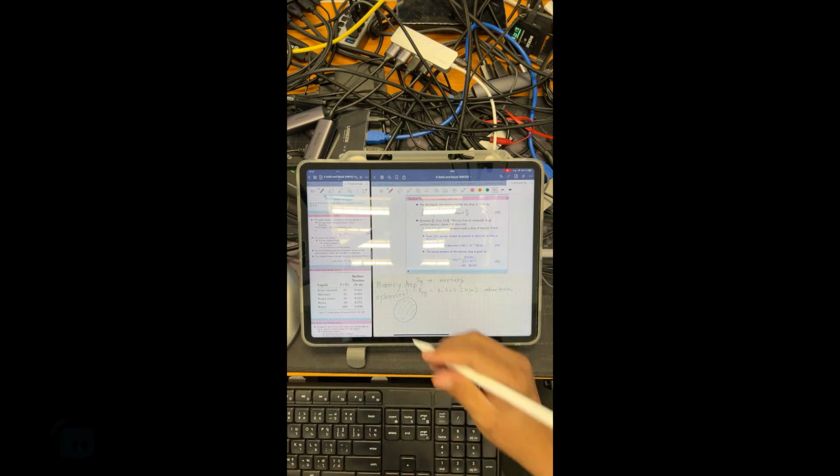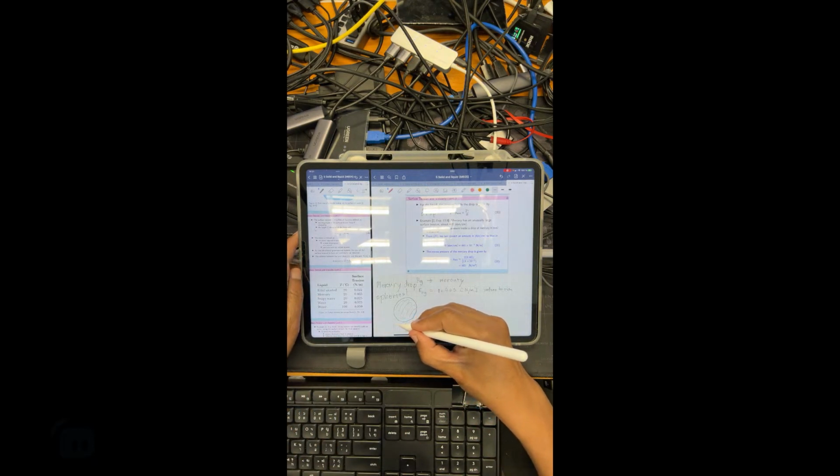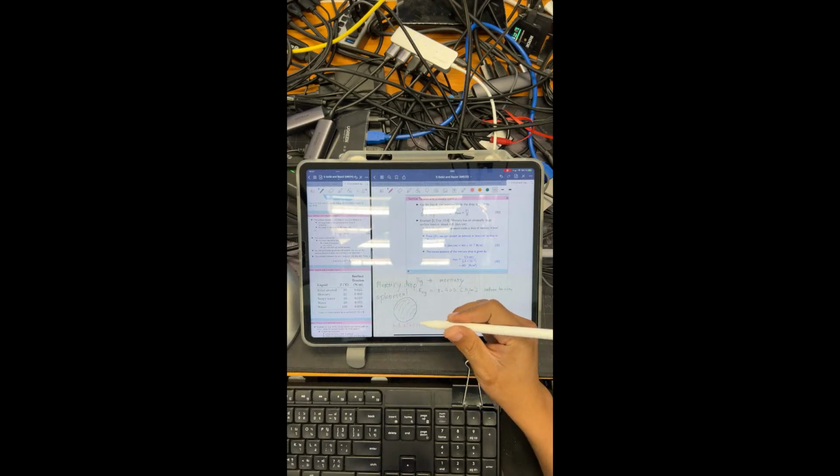What they have provided is not the radius. They say the diameter D is 4 millimeter. That's the diameter of this mercury drop, and the surface tension is 465 dyne per centimeter, which is equivalent to 0.465 in SI scale, Newton per meter.